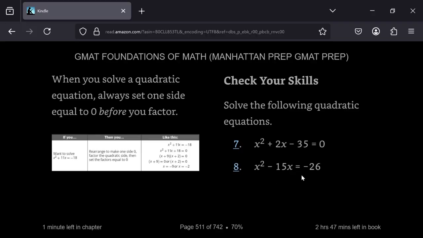Okay, looking at this, we know that we need to transfer -26 from the right side to the left side so that we'll get a 0 on the right side.